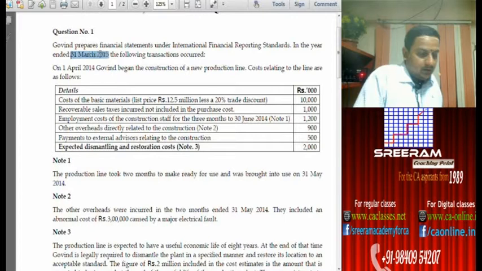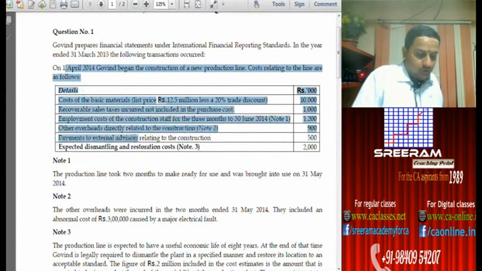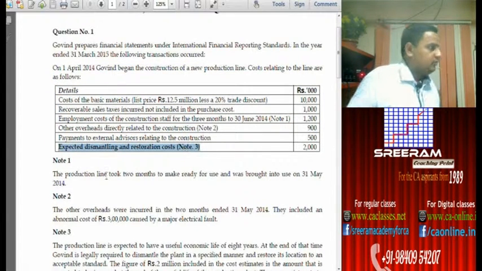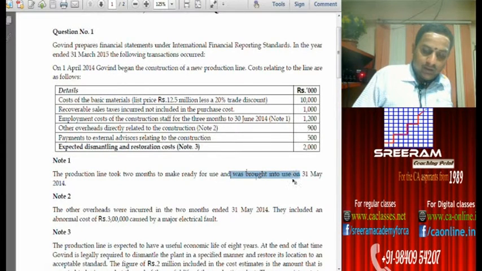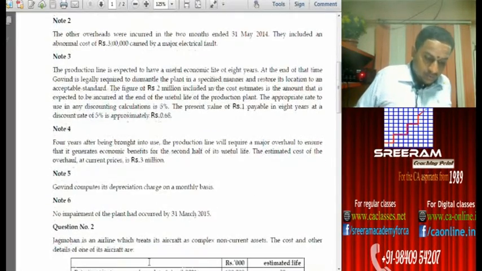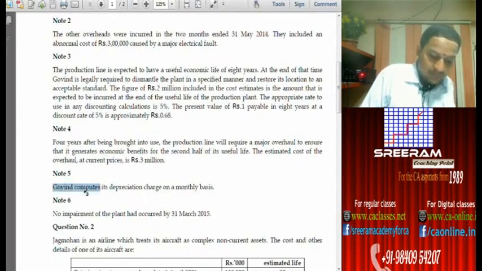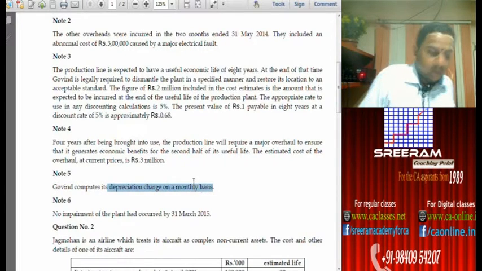So in a year consisting of 12 months ending 31st March 15, in the first 2 months they have incurred these things, or certain things they are expected to incur in future. Then only is the asset put to use or ready for use, we can tell. From that time only we can claim depreciation. So the last point, in which they have clearly told, note number 5, Govin computes its depreciation charge on a monthly basis.